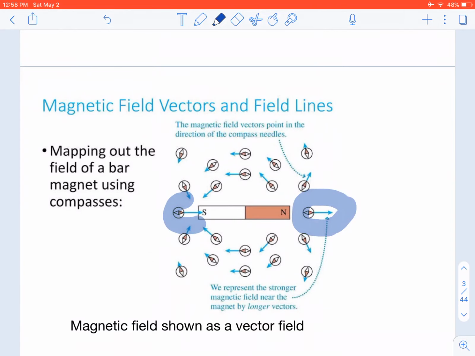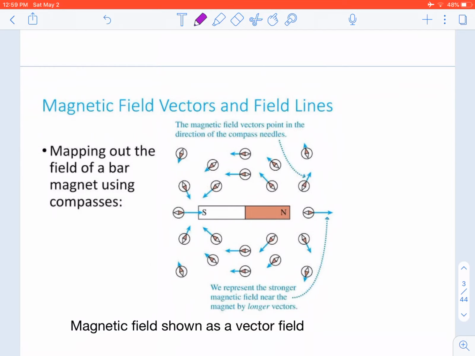As you see here, this arrow is getting smaller, so it implies that the field strength is less there, and less there, and less there. So the length of the arrow is an indicative measure of the strength of the field, right?